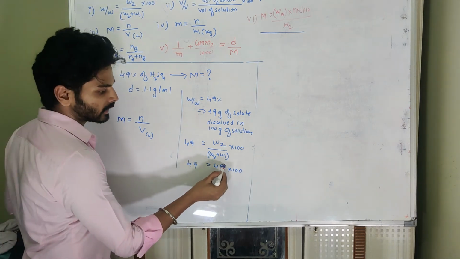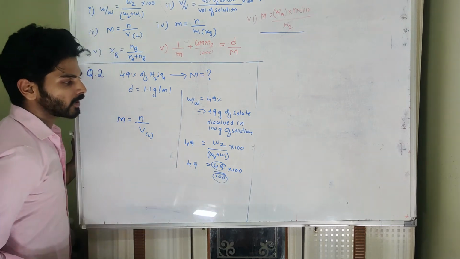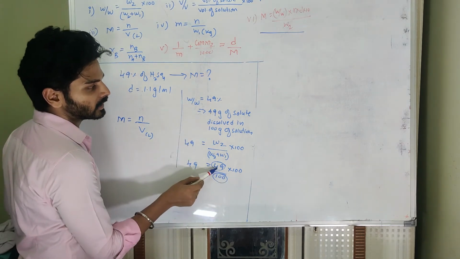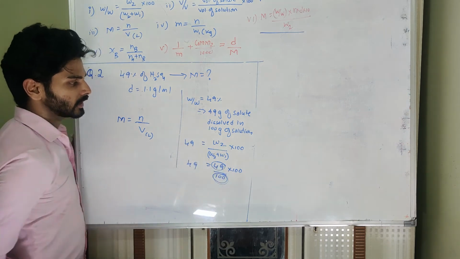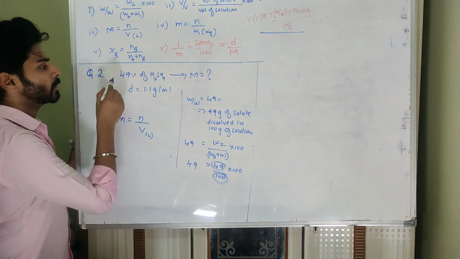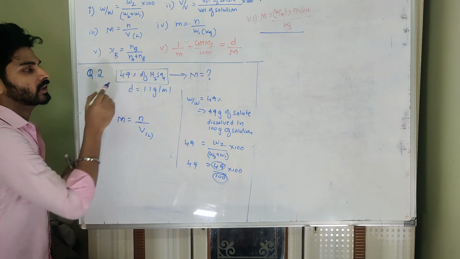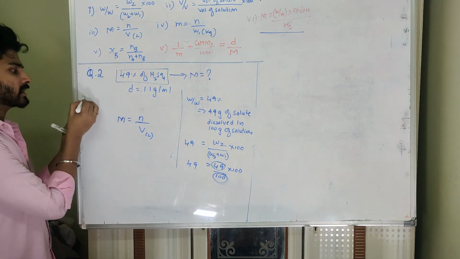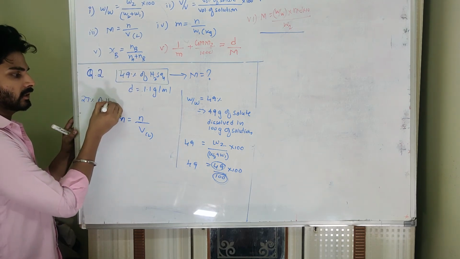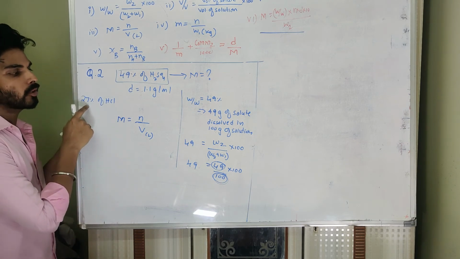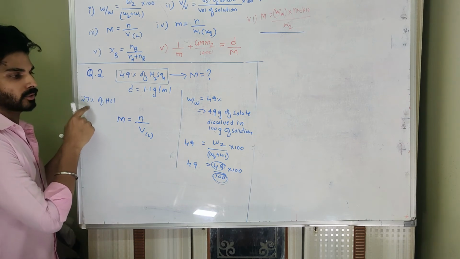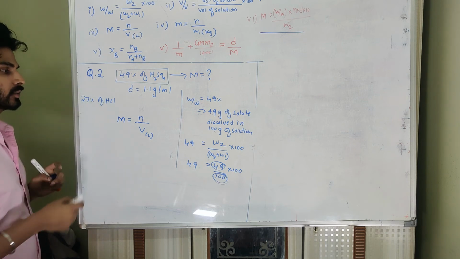While keeping this as 49 and this as 100, we have said 49 gram of solute dissolved in 100 gram of solution, and into 100 is there already. So always remember, whenever W by W is given in terms of percentage, let us say 27% of HCl, it means 27 gram of HCl dissolved in 100 gram of solution. If you remember like that, it is very easy to understand.